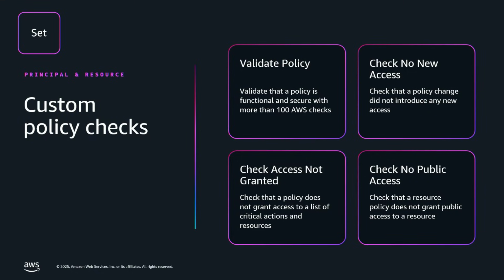That is not something we typically do, so most people shouldn't have access to that. So what we're going to do is we're going to use something like check access not granted. We pass in the policy, and we see, does the policy attempt to grant S3 delete bucket? If it does, that check fails, and then you can take the appropriate action. But if it doesn't, then it passes. Good to go. All right, so there are the options. That's the overview.